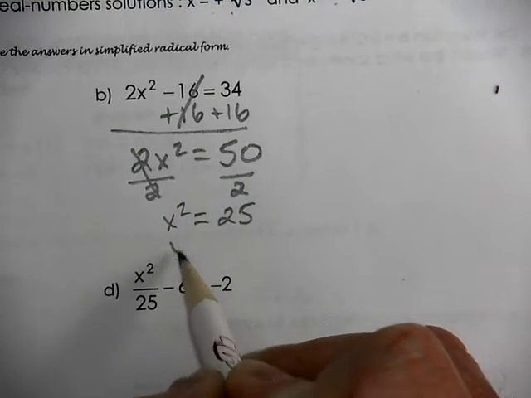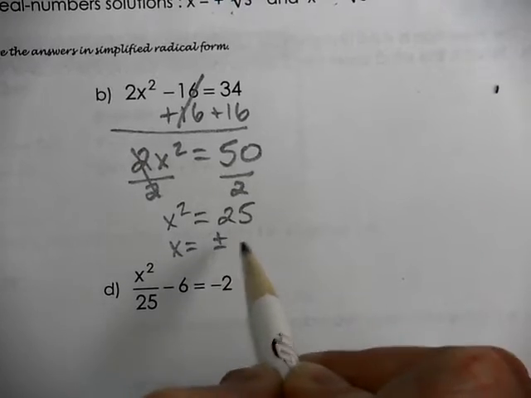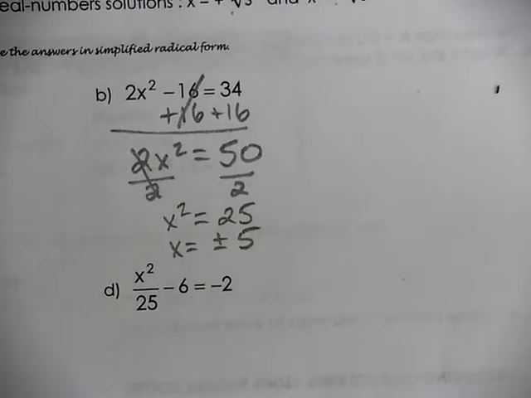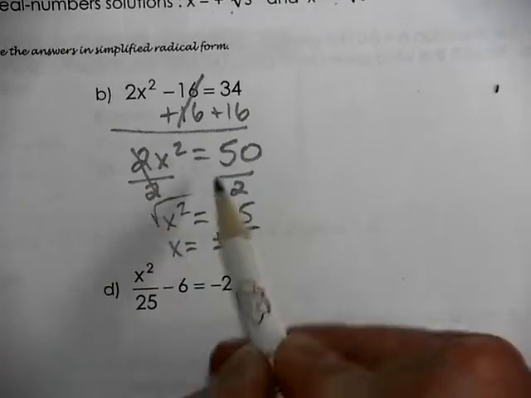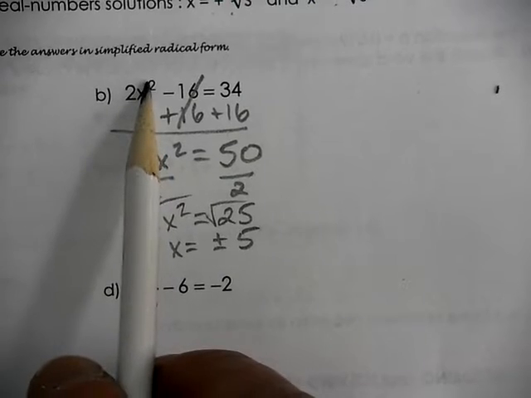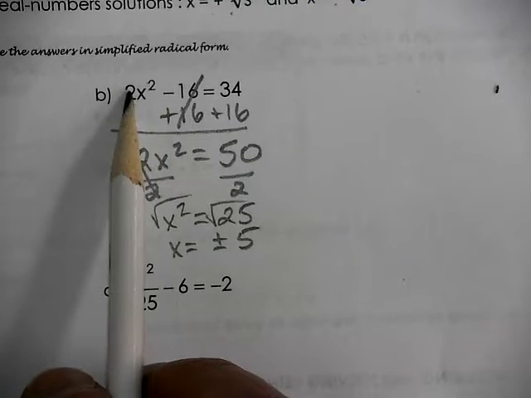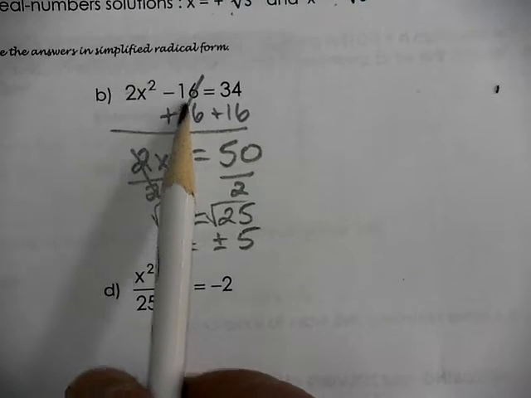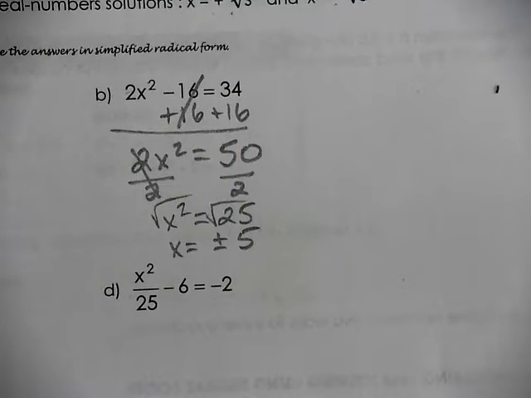And then when you take the square root of both sides, you get plus or minus 5. We can show the square root in there if you like. That gives you a positive 5 or a negative 5. When you come up here and square it, times it by 2, and subtract 16, it should give you 34.